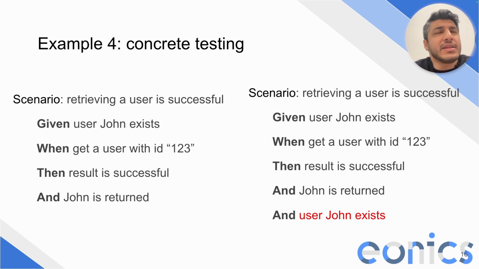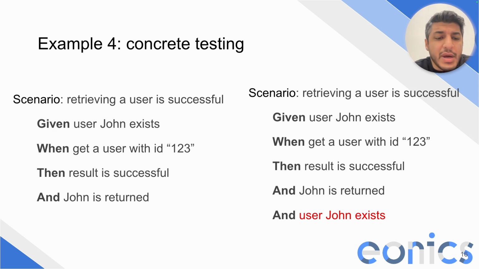This is only in scenarios where we are trying to create a new data or update a data, not in the get scenarios, of course, not in the fetch scenarios. But then we can check whether a data exists. In this case, we can use the sentence "and user John exists."